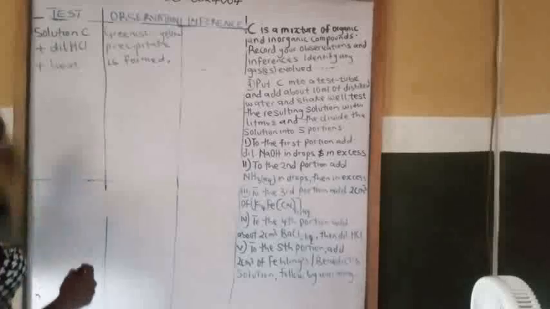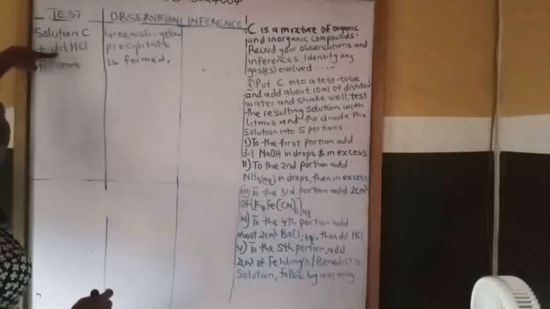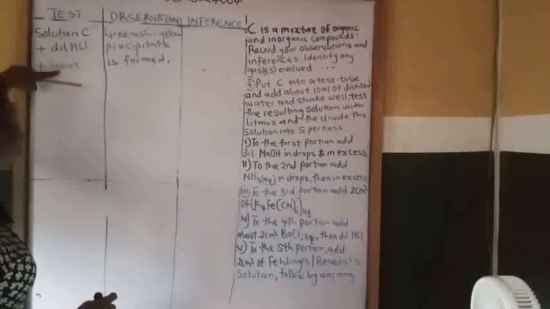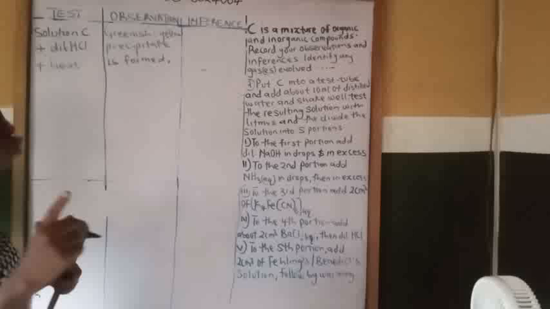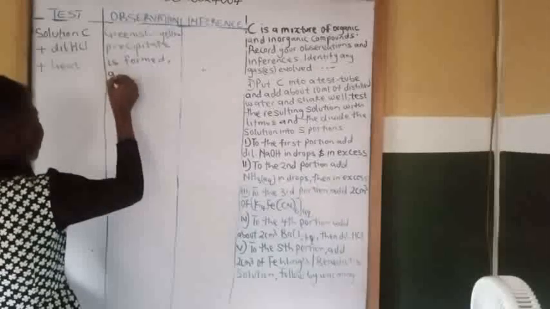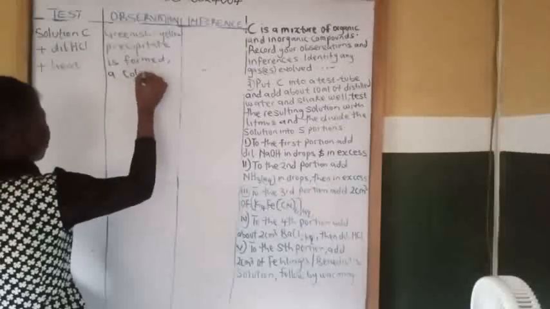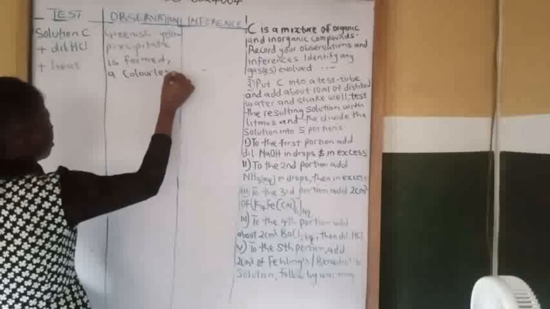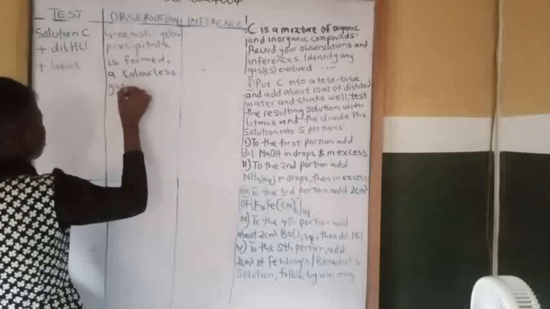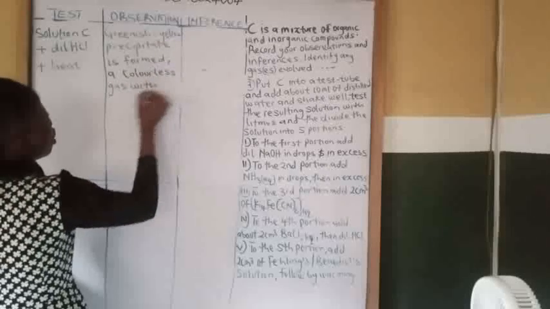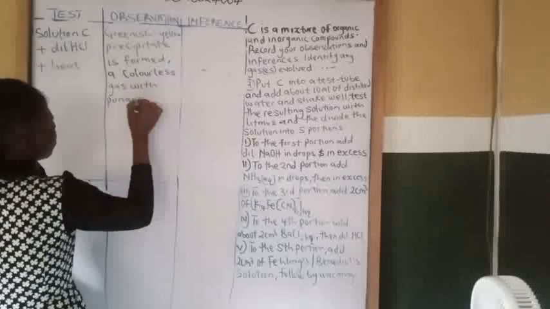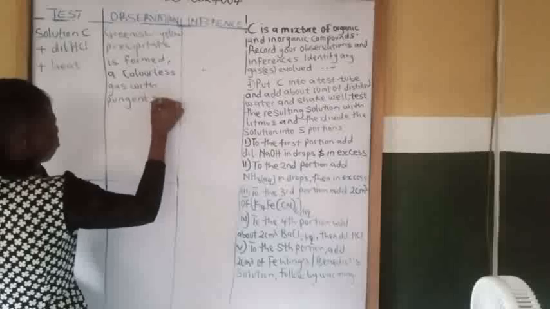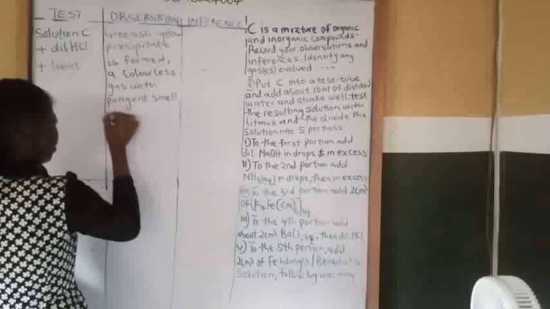Then addition of dilute HCl on warming or heating will facilitate the chemical reaction in order to release SO2 gas. So a colorless gas with pungent smell evolved.